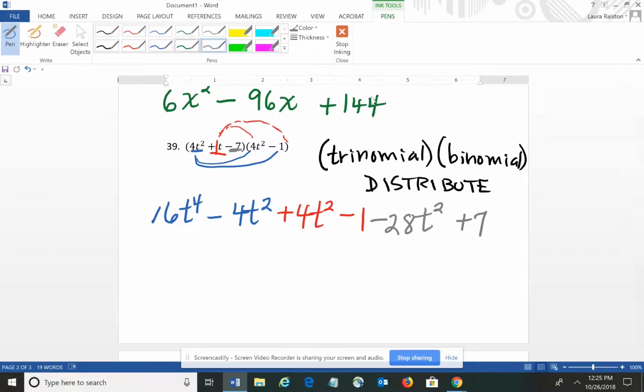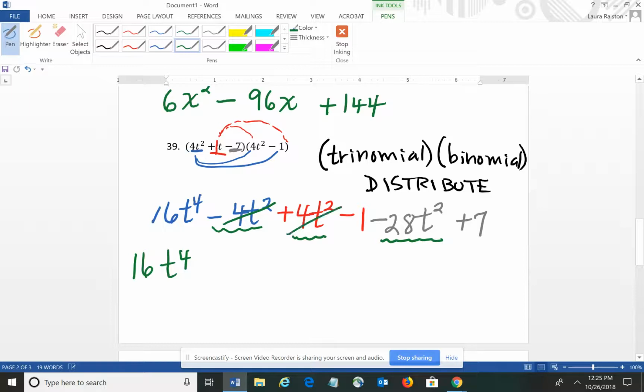The final step after I've distributed everything is to go back and combine like terms. Again, we start with the highest exponent, so I'm going to start with the t to the fourth. So I have 16t to the fourth. Then I have minus 4t squared plus 4t squared minus 28t squared.